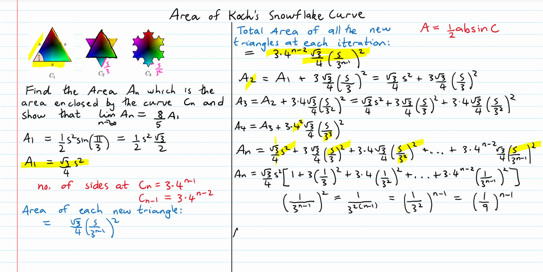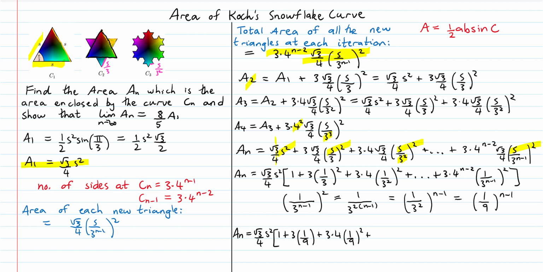So we have then that A_n is equal to root 3 over 4 times s squared, and then in the brackets we're going to have 1 plus 3 times 1 over 9, and then the next term we're going to have plus 3 times 4 times 1 over 9 squared, and then I'll just write out one more term so it's clear what the pattern is.